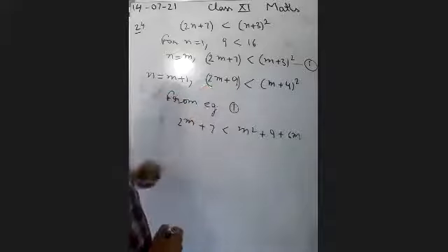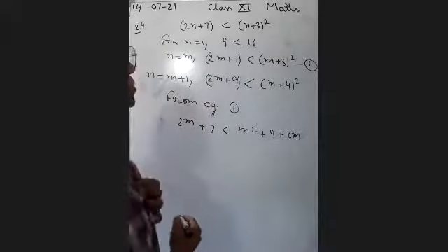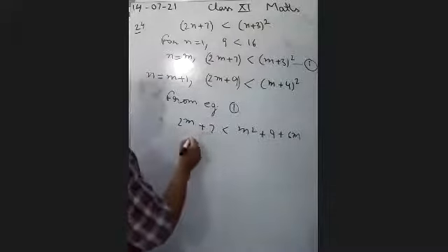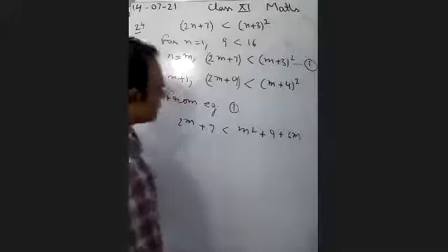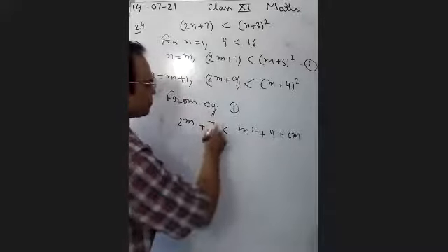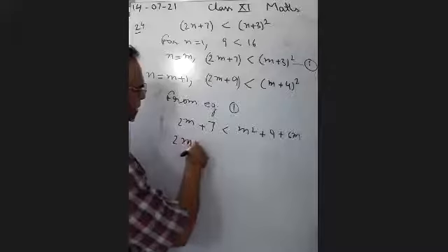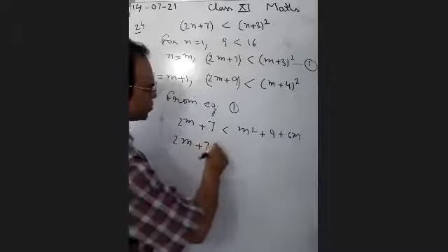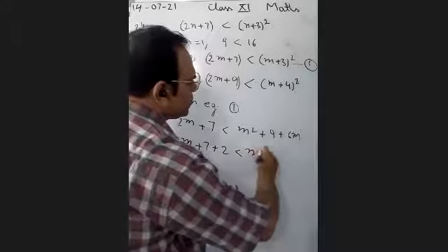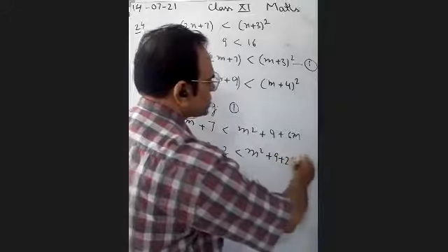If we add equal terms to both sides, the inequality will not change. So we are adding 2 to both sides: 2m plus 7 plus 2 is less than m square plus 9 plus 2 plus 6m.